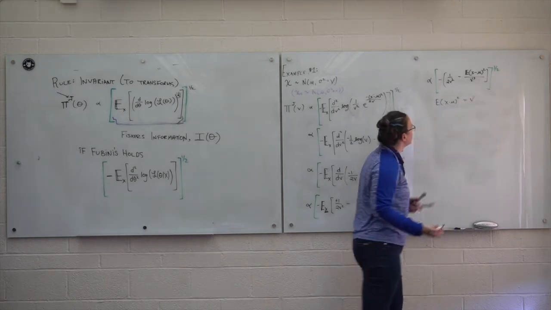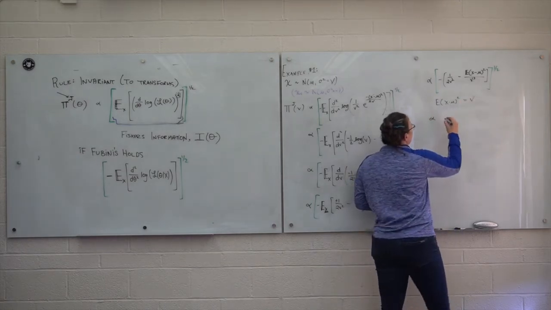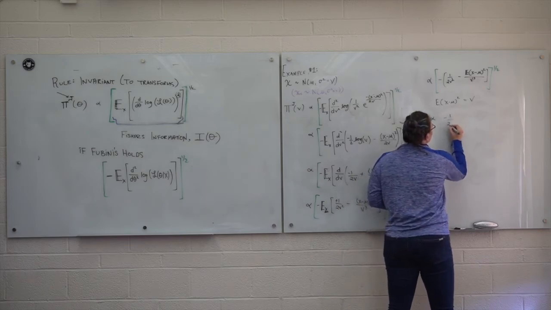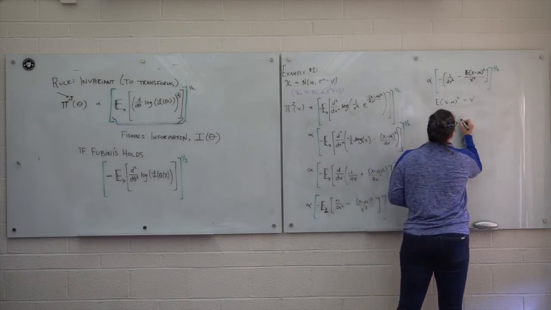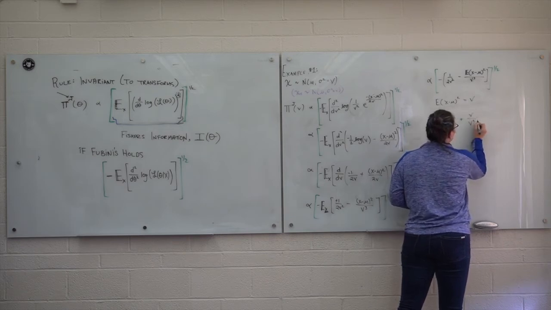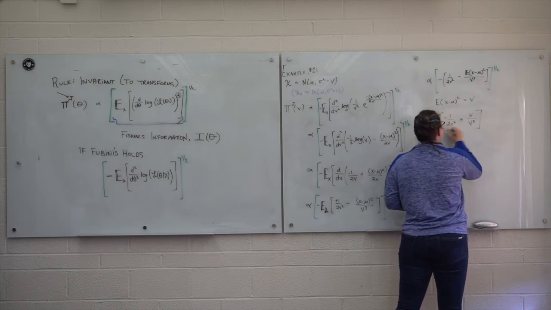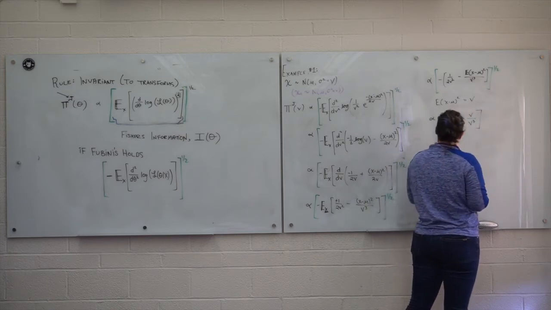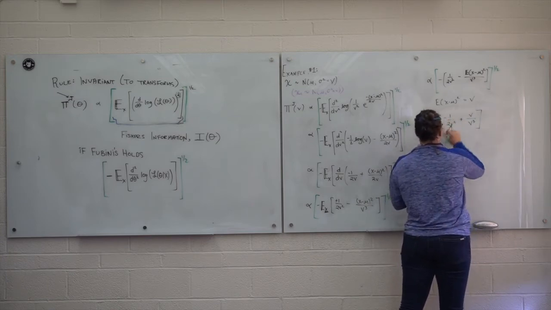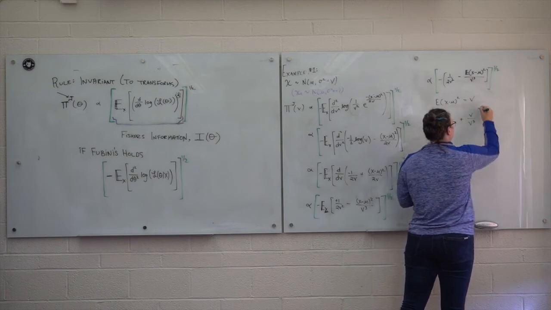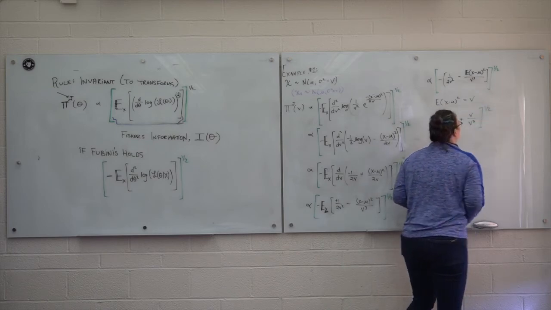It's the variance. So this just breaks down into minus 2v squared plus v over v cubed, all to the one half.